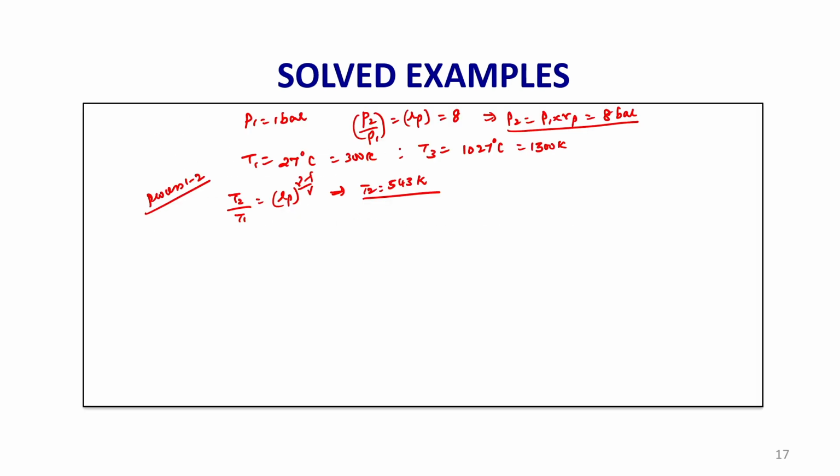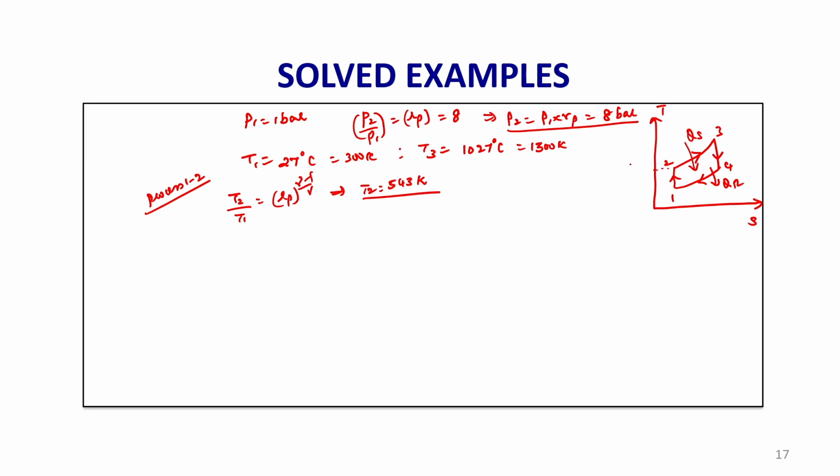Let me plot the TS diagram: 1 to 2, 2 to 3, 3 to 4 and 4 to 1. This is QR, this is QS.